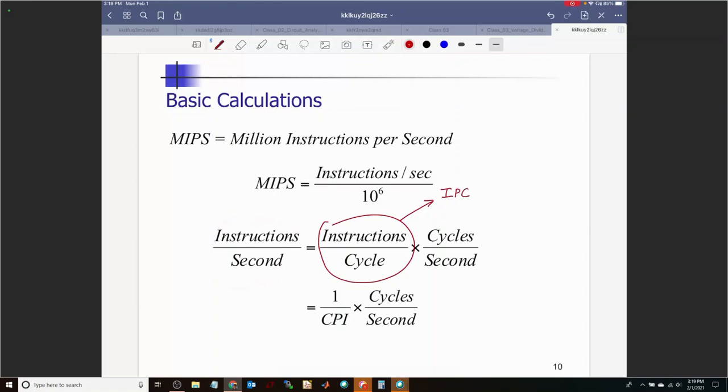Which was 1 over CPI, clock cycles per instruction. And you multiply that by cycles per second. So 1 over CPI multiplied by cycles per second, that's what gives you instructions per second. And then you divide that by 10 to the 6 to get million instructions per second. Pretty straightforward.